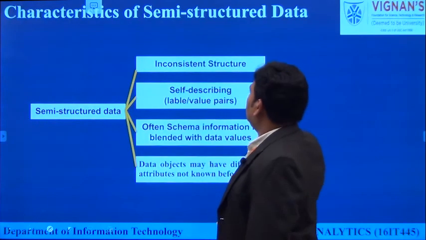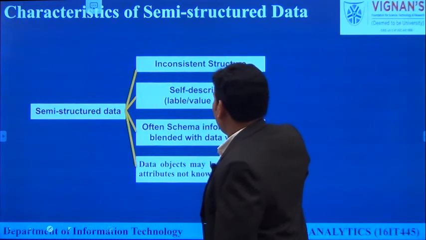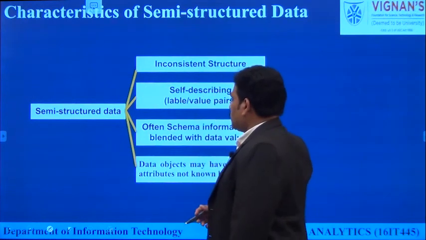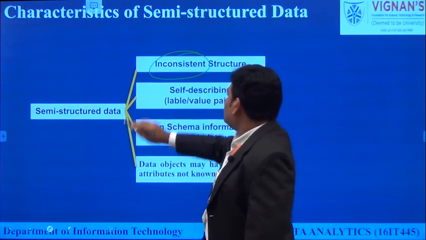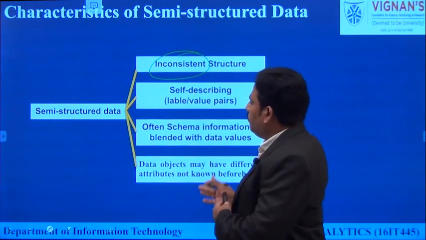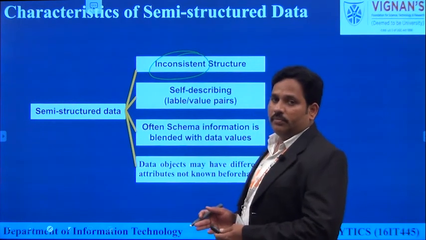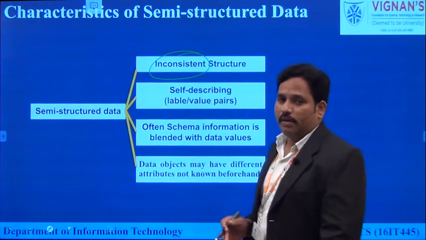Next we will see the characteristics of semi-structured data, that is, what characteristics are offered in a semi-structured environment. First one is an inconsistent structure. That means there is no proper structure common to every markup language. In structured data, every piece of data should be in a tabular format.